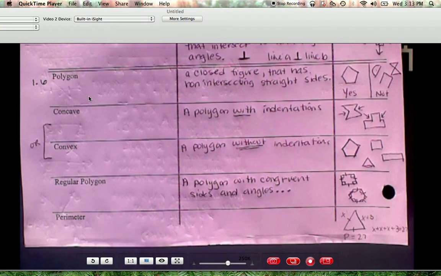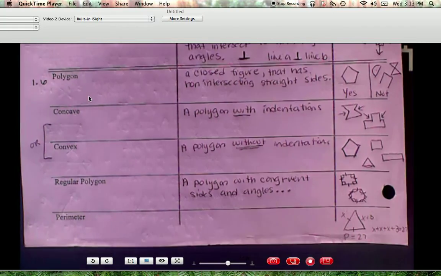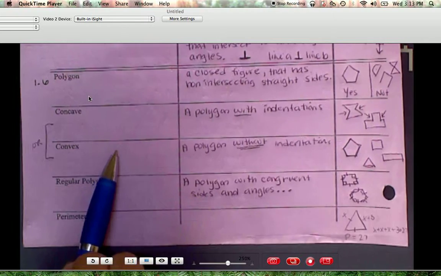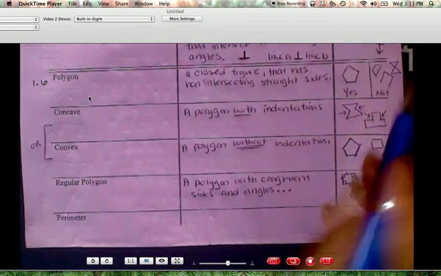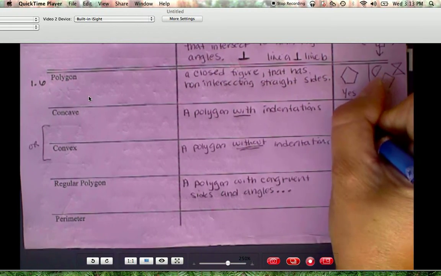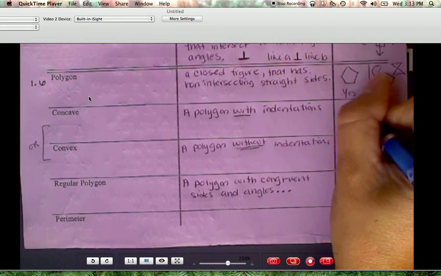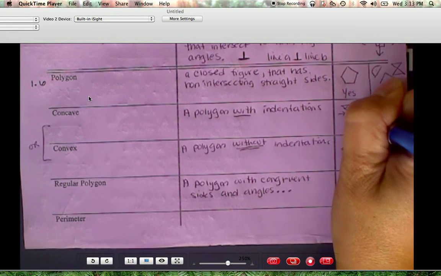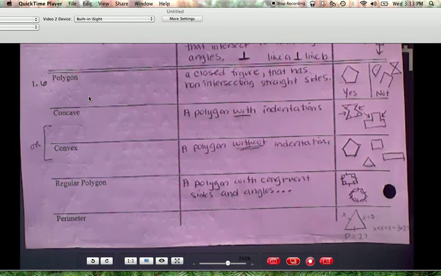However, there's one other piece there. It has to be convex, without any indentations. Because let's look at this piece. Let's suppose all of these sides were congruent. That's possible. But these 4 angles are acute angles. They could all 4 of them be congruent.